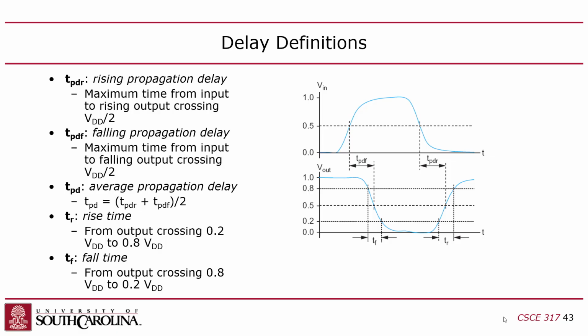So halfway between 0 and the power supply, when you cross that on the input versus when you cross that on the output, there's a propagation delay. And that could be different for rising and falling. Now, if you just have one propagation delay, it's obviously going to be the worst of the two, whichever is longest, right?